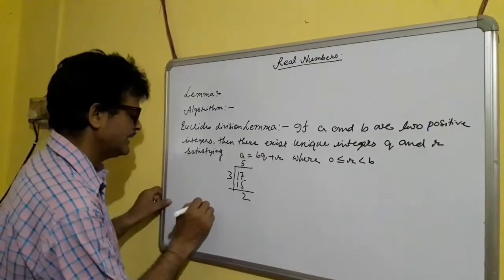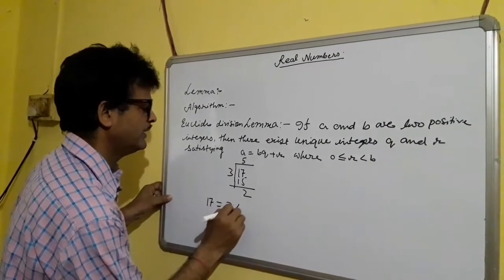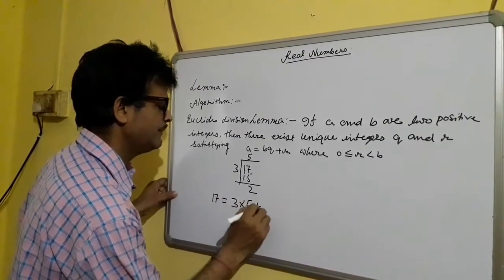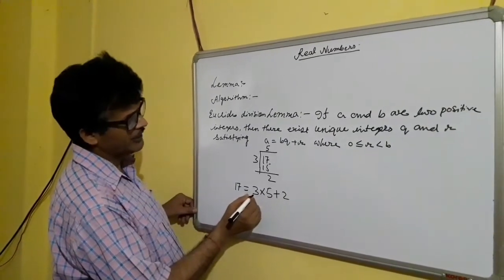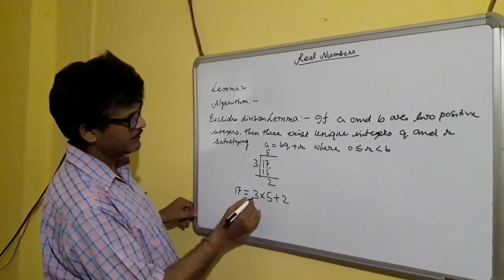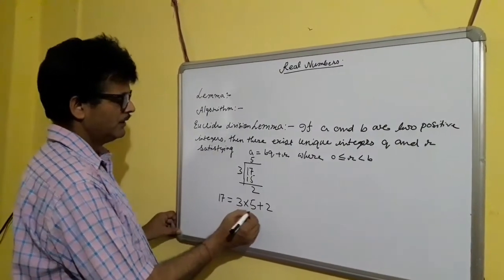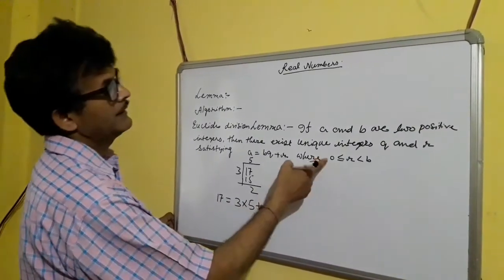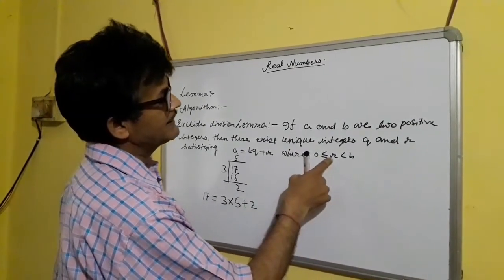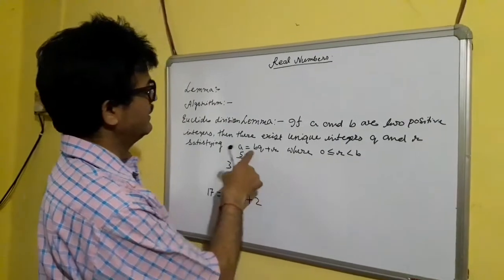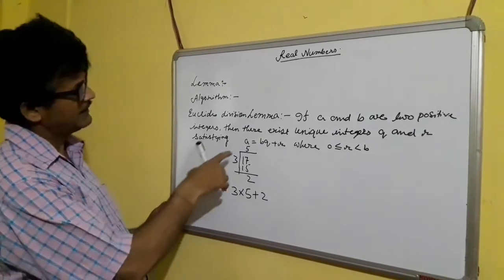Now what is the relation? 17 equals divisor 3 into 5 plus remainder 2. Now this remainder is less than 3. So here the remainder is 2 and the divisor is 3. So the remainder is always less than the divisor. Or the remainder may be 0 also. Here it is written 0 less than or equal to the remainder, and it is less than what? b. b is the divisor here. So this Euclid's division lemma is the same as this relation.